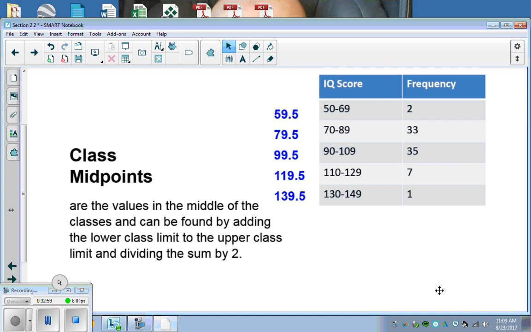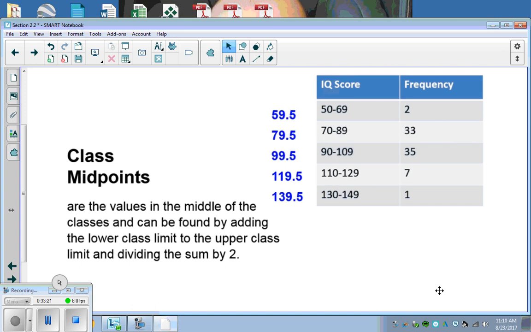All I know when I look at this data is that there are 2 individuals who have an IQ somewhere between 50 and 69. I don't know if one has a 50 and one has a 69, or a 62, or a 59. I have no idea. I've lost the raw data. I couldn't tell you, for these 33 people, what their IQ was. I just know that 33 of them have an IQ between 70 and 89.